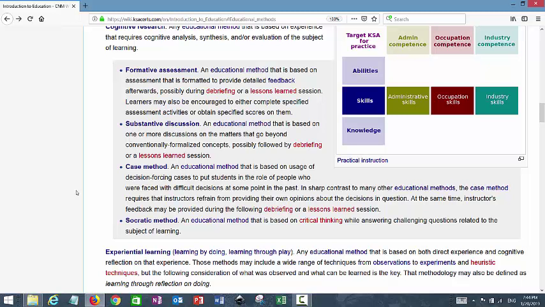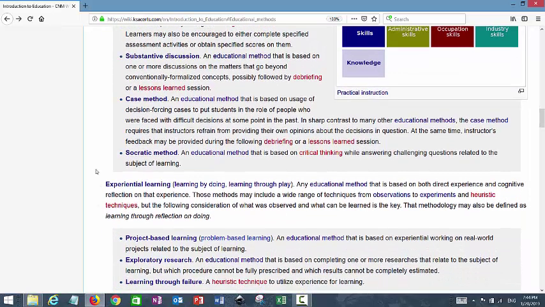Another is substantive discussion or debate on some critical issues, and it is not prescribed. Especially it's useful when a debriefing or a lessons learned session follows. Case method was developed at the Harvard School of Business, and basically the goal is to put learners into real-world situations, given some knowledge, and force them to make a decision.